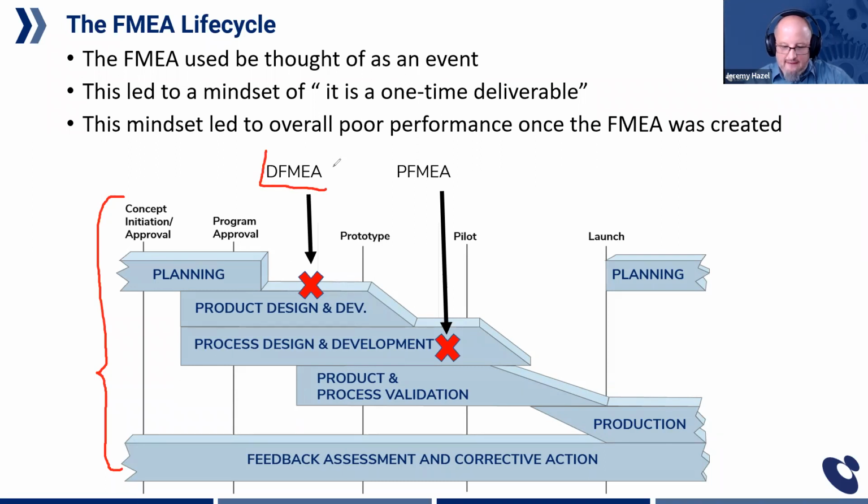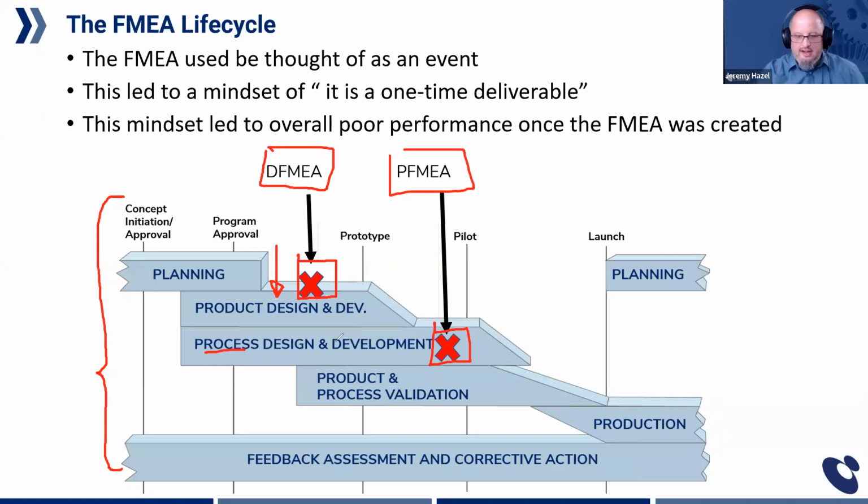And the design FMEA magically popped into existence sometime during product design. And the process FMEA would magically pop into existence sometimes during process design. Now, I use this term very succinctly. We used to think of FMEA as an event, as a deliverable. That is the wrong way to do it.